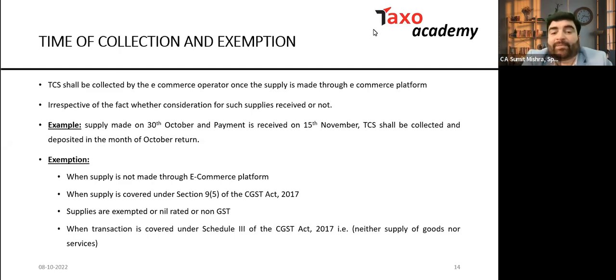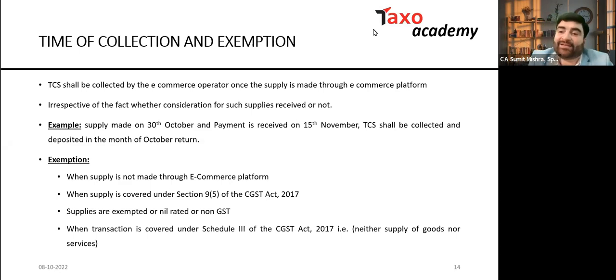Similarly, when supply is covered in section 9(5) of the CGST Act. So there are certain transactions which are being done through the e-commerce platform. For example, Ola. Ola is providing a platform. It's a typical e-commerce operator.